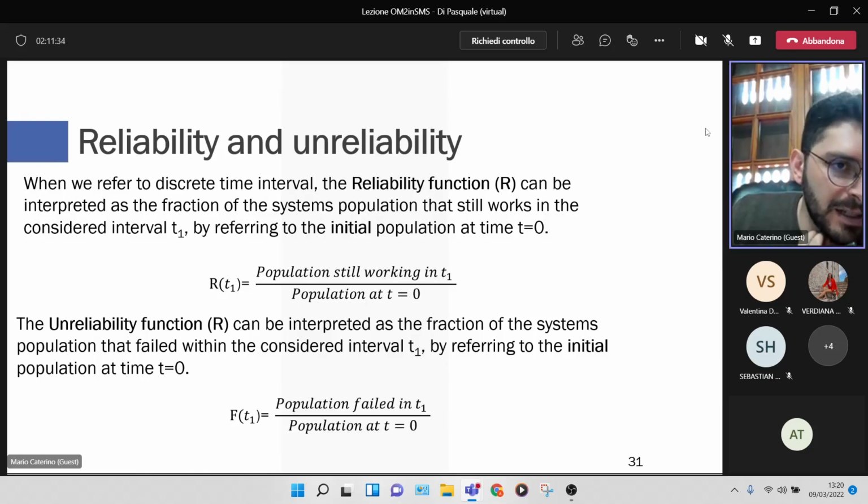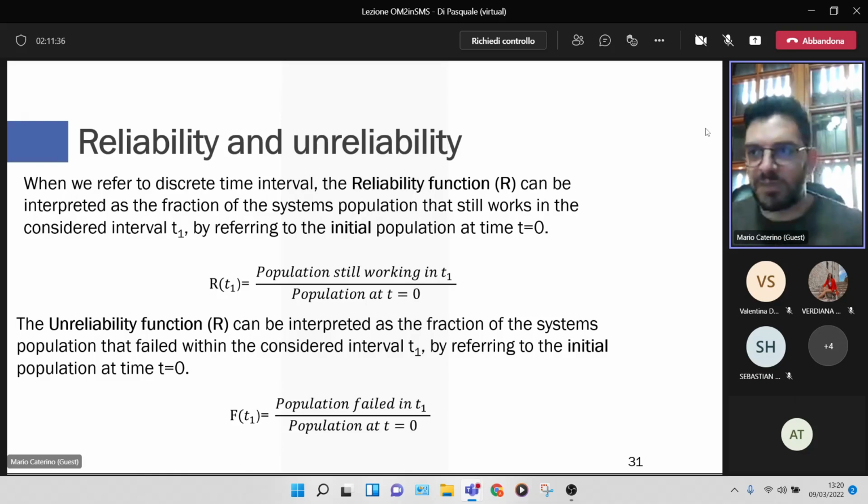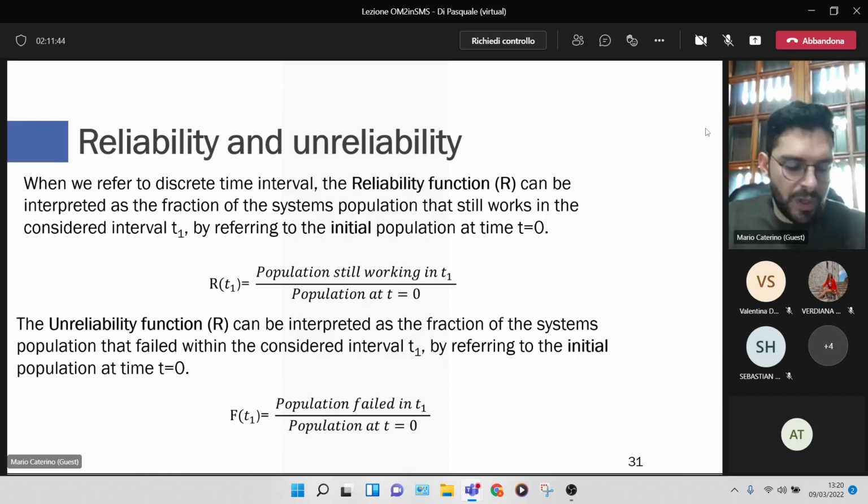Now we can simply read this slide and try to do an exercise together, because we are looking at reliability and unreliability functions as continuous functions over time, but we often deal with discrete elements.